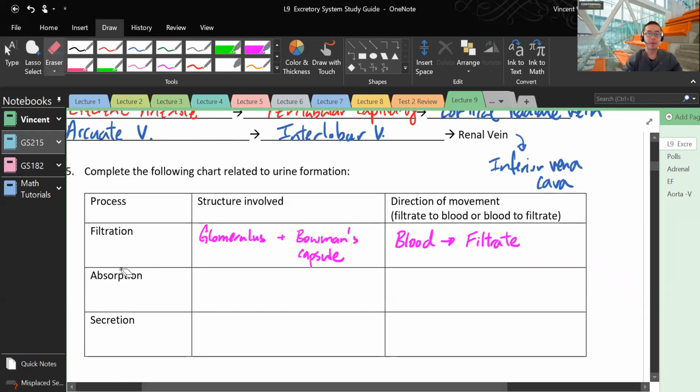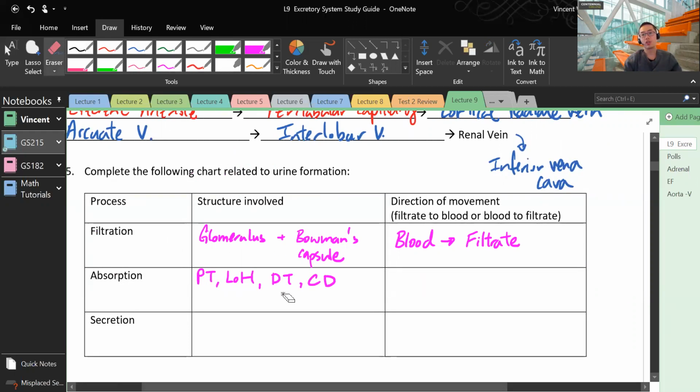Absorption, you're going to take back things that you want to keep. Like glucose, you want to keep. Amino acids, you might want to keep. All those goodies. And you need to take back a lot of the water as well. Otherwise, we get dehydrated quite quickly. So absorption is going to occur at the proximal tubule. It's going to happen in the loop of Henle, distal tubule, as well as collecting duct.